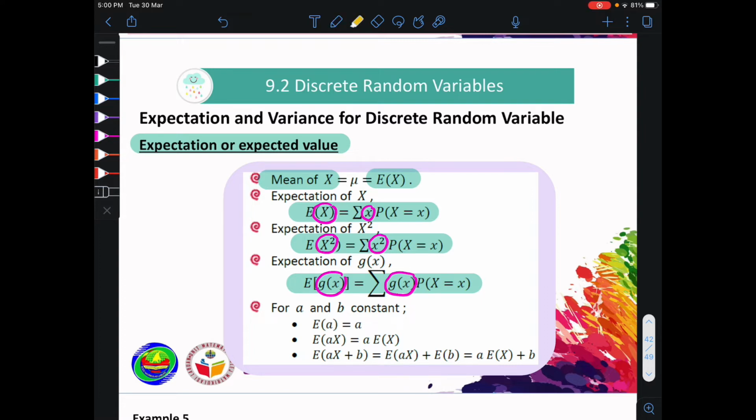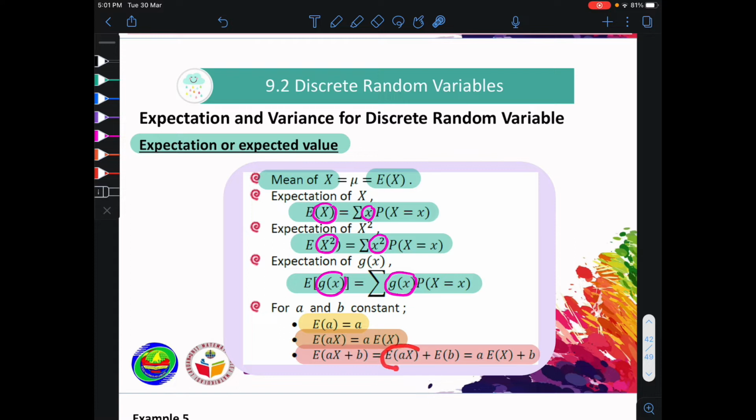The properties of expectation or expected value are: if a and b are constants, therefore, expectation of a is equal to a. Expectation of aX is equal to a times expectation of X. And expectation of aX plus b is equal to expectation of aX plus expectation of b.